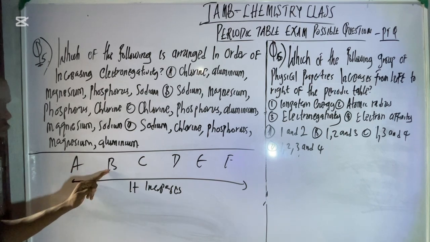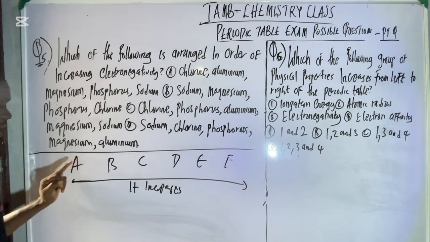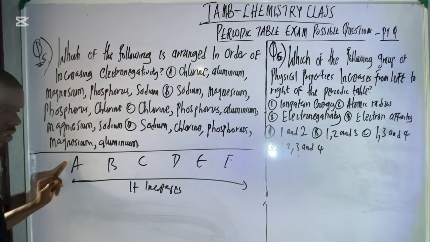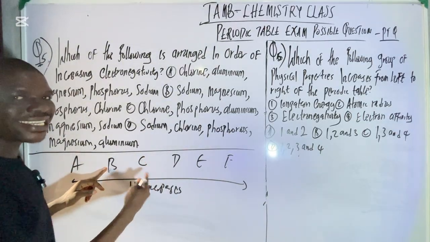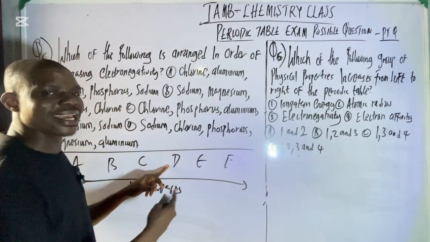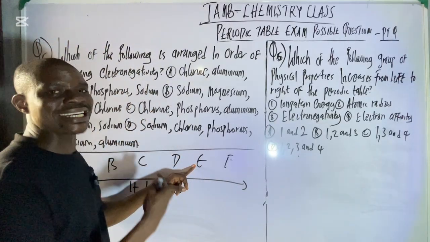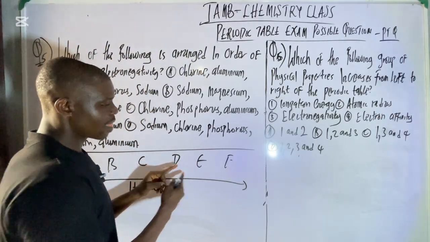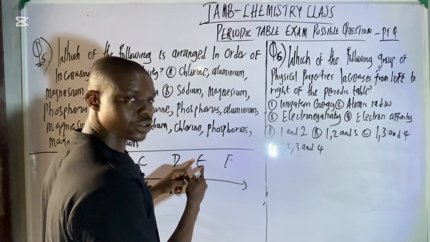So A and B, which one is higher in electronegative power? B is higher compared to A. C is higher compared to B. D is higher compared to C. E is higher compared to D. And F is higher compared to E. Do you understand?